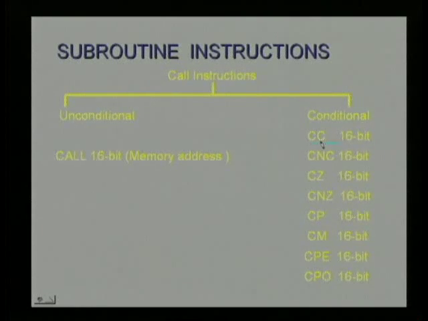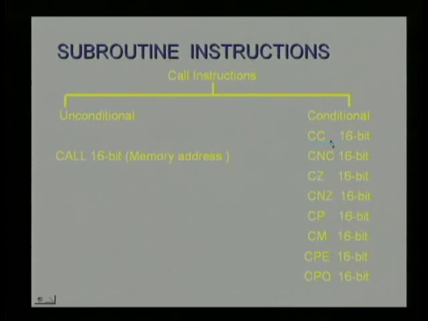When this CC instruction is executed, it is called call on carry. Before execution of this instruction, if carry flag is set, then when this instruction is executed, branching will take place to the specified 16-bit address, that is program execution sequence will be transferred to subroutine. If carry flag is not set, then this on carry condition becomes false, so this instruction will not be executed.